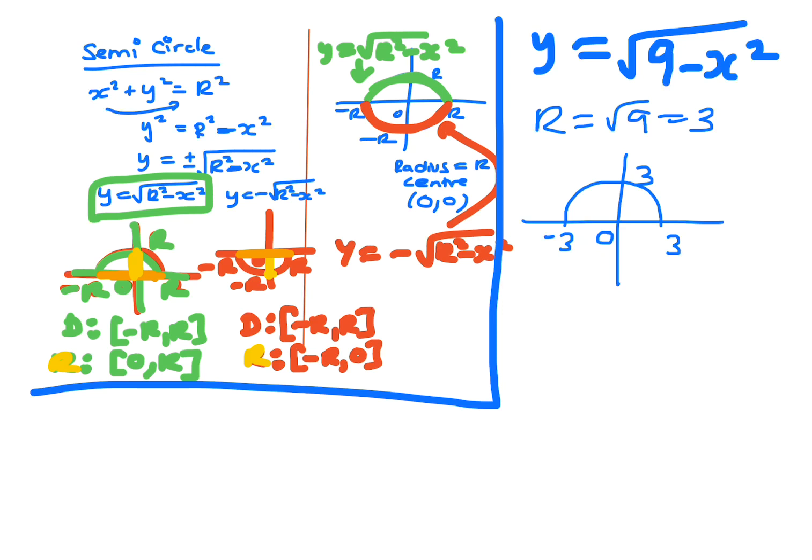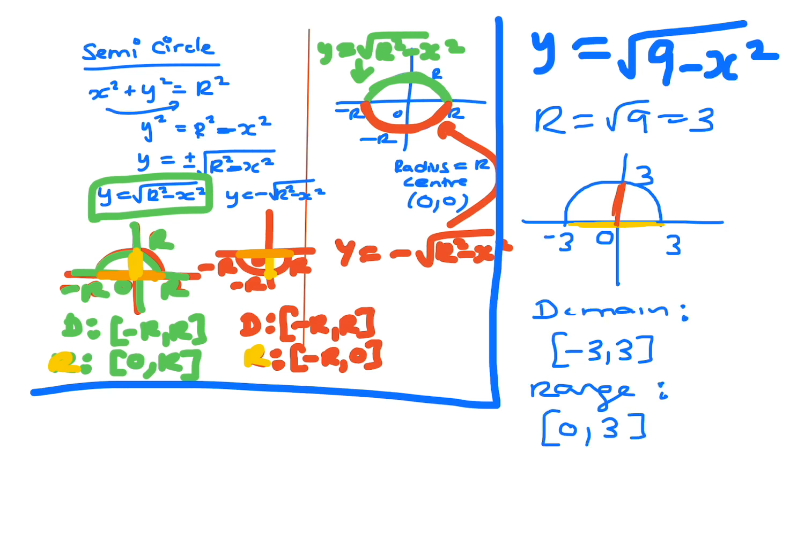Now, if you had to find the domain of this, the domain would be minus 3 to 3. Because you can see from here it goes from minus 3 to 3. And the range goes from the 0 up to 3. So the range would be from 0 up to 3.